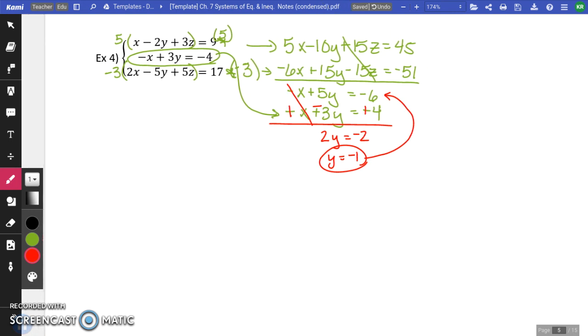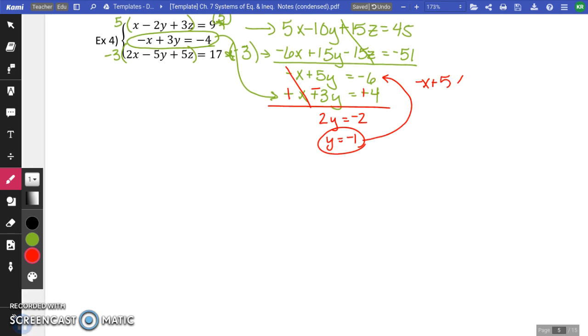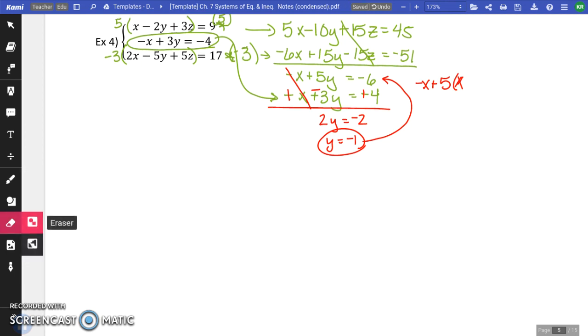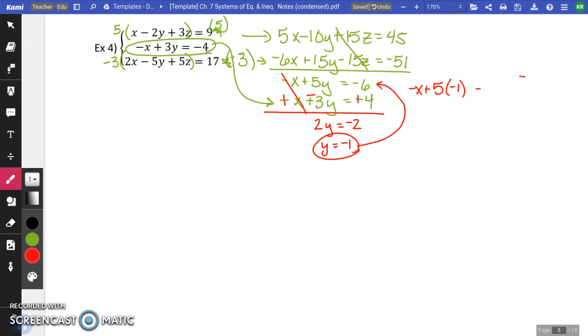I'm going to go negative x plus 5 times negative 1 equals negative 6. So negative x minus 5 equals negative 6. Negative x equals negative 1. x is going to be positive 1.